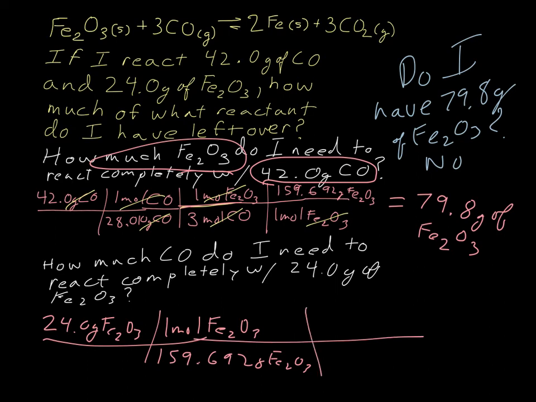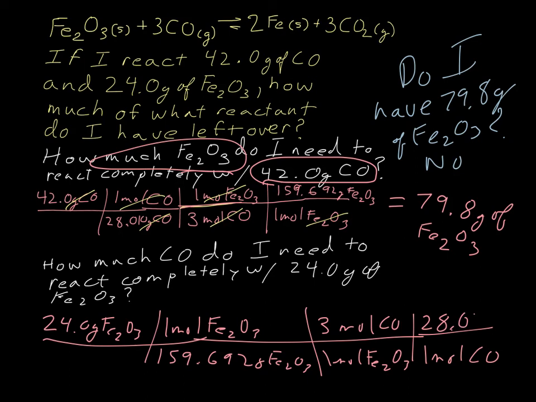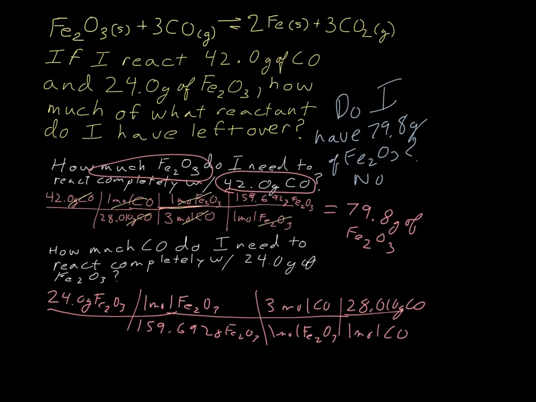According to my chemical equation, for every 1 mole of iron 3 oxide I need 3 moles of carbon monoxide to react with it. I don't want moles of carbon monoxide. I want grams, and according to my periodic table, 1 mole of carbon monoxide has a mass of 28.010 grams. So I punch all that into my calculator, and I get, drum roll please.